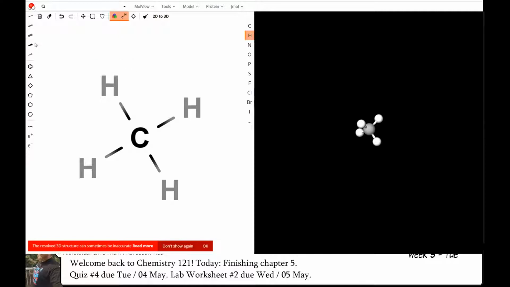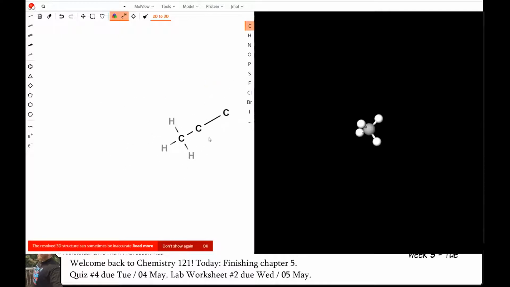Now, I could make the molecule more complicated if I wanted to. So, for example, this could be another C. Oops, I didn't mean to do that. How do I move this? There we go. And I could just go like this, C, C, C. And then we'll just fill it with H's here.